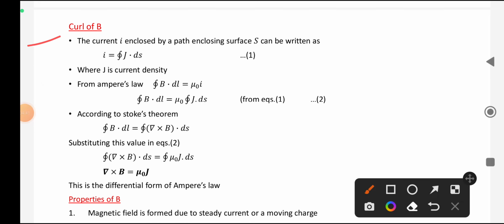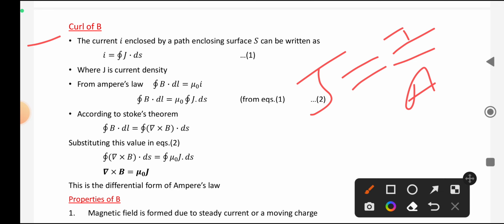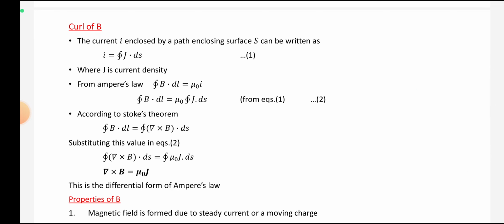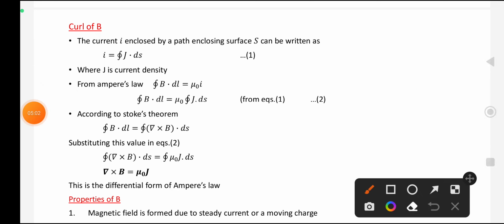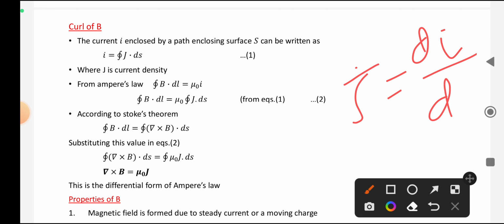The current I enclosed by a path enclosing surface S can be written as follows. We know the current density, denoted by J, is equal to current by area. If you have a small di by a small area ds, then di is equal to J ds.